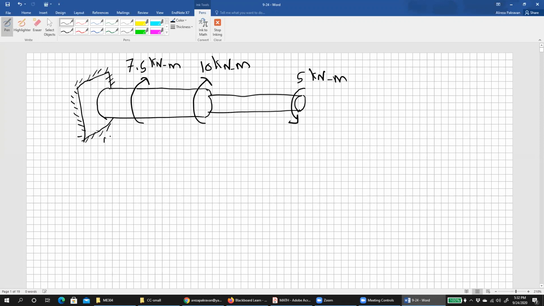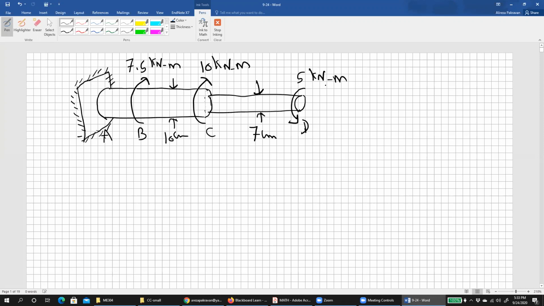Let's see, this is point A, point B, point C, and point D, right? At least something like that. So the diameter of this one is 7 centimeter, and the diameter of this one is 10 centimeter.